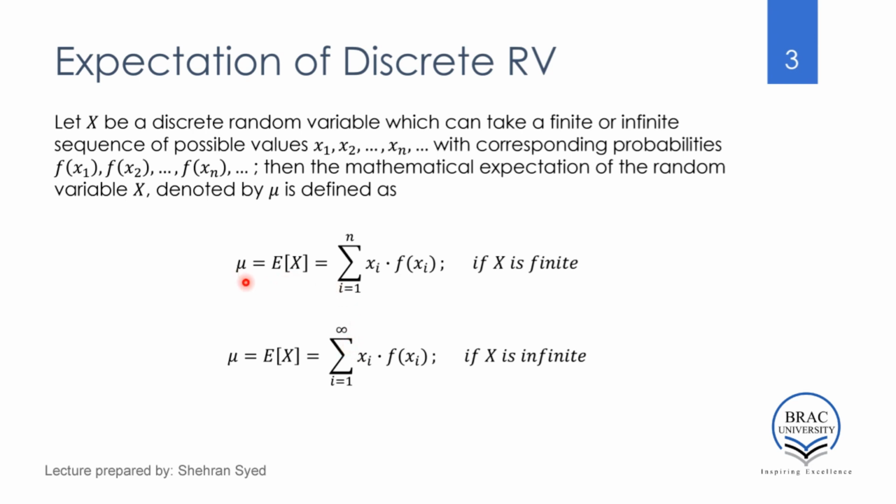To reiterate, the mean or expected value of a random variable x is defined as the summation of the product of the values of x and their corresponding probabilities. We will now look at a few examples to see how this is implemented in practice.